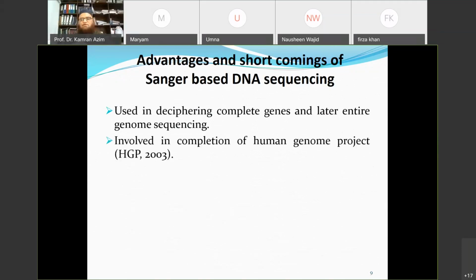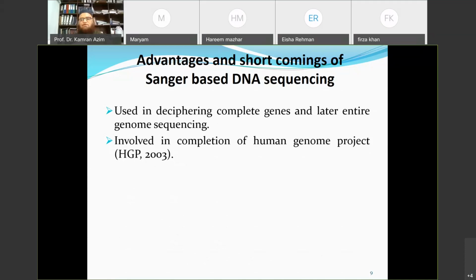Sanger sequencing was involved in the Human Genome Project, a multi-national project carried out by several labs in the USA and UK, in several countries in Europe, as well as in China and Japan. That is, several countries carried out whole genome sequencing of the human genome. This project was completed officially in 2003.